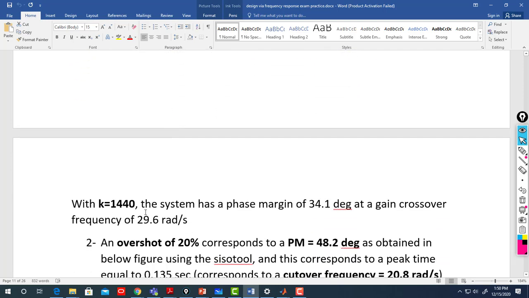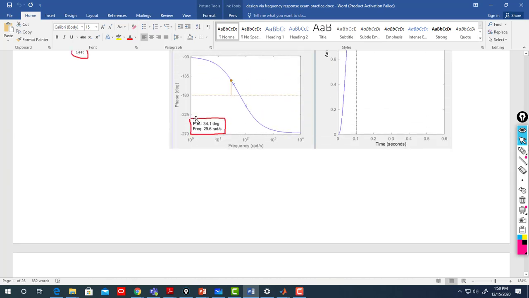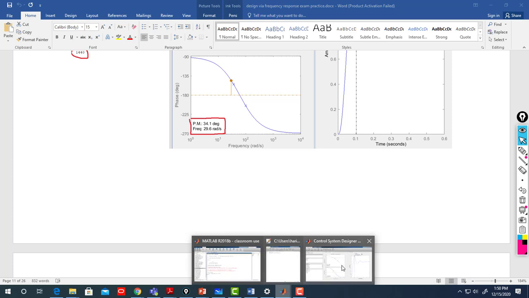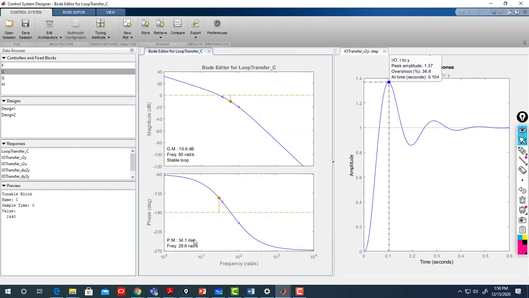With this k, the system has a phase margin of 34.1 degrees at a gain crossover frequency, at 0 decibel, of 29.6.